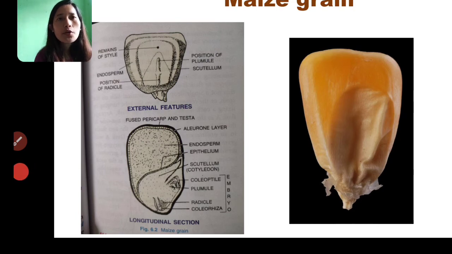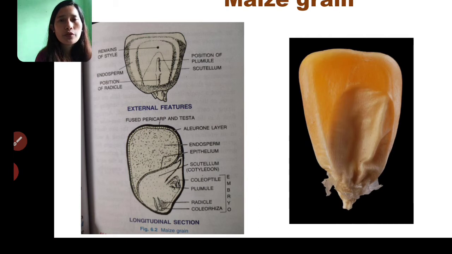Now next we will be discussing the structure of a monocot seed. First we will be discussing maize. Like I told you in your previous class, monocot seeds are generally endospermic seeds or albuminous seeds because the major portion is covered by the endosperm, and the cotyledon is only a thin layer present in it.